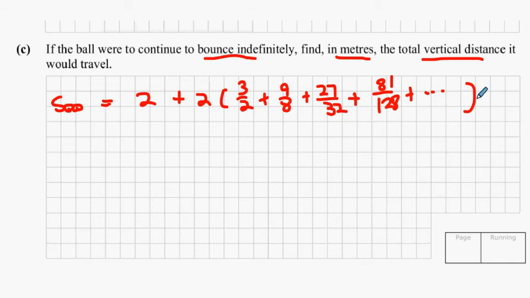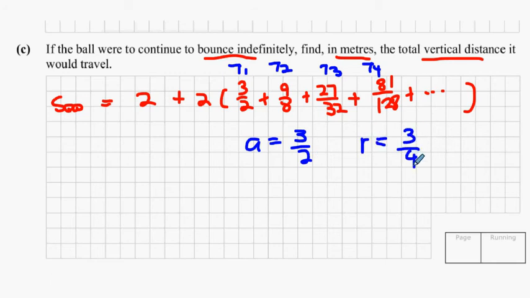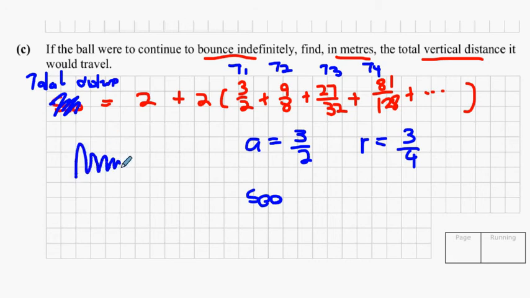Okay, so if we call that one T1, T2, T3, and T4, we have an A value of 3/2 and an R value of 3/4. S infinity, that is the total distance. Because S infinity means it's going to be bouncing up and down, up and down, and then it's going to just fizzle out forever. So we're going to figure out how much it bounces when these diminish in heights.